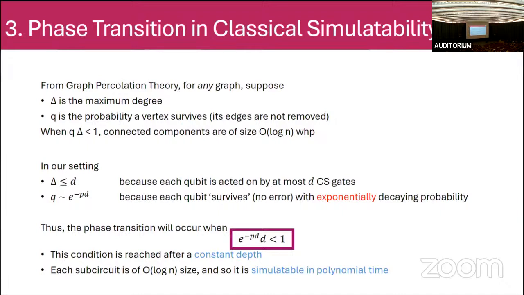It's growing with depth, but the noise is growing exponentially. So in this fight between noise and entanglement that we're trying to characterize here, noise wins at every layer. You're not introducing more correlations than the noise is taking away. So after a constant depth, you split into smaller subcomponents and you're simulatable in polynomial time. And this works whatever you do in the IQP circuit.